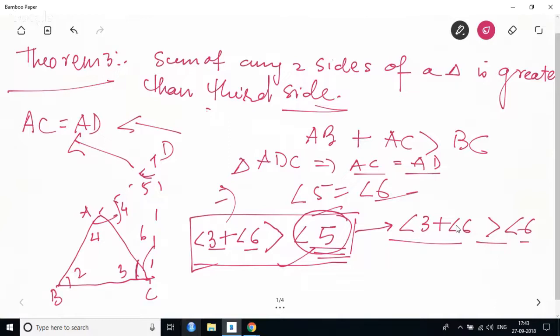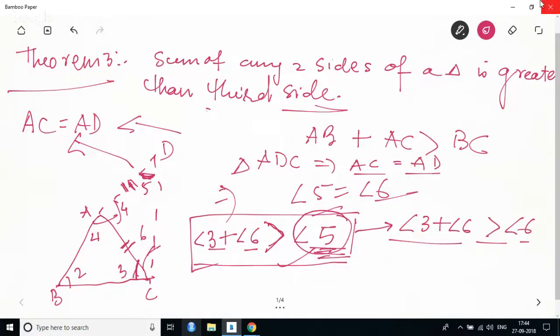How do I bring inequality? To bring inequality, I am just saying that this angle plus this angle is greater than this angle. So why am I going here? I am going here because I don't need side AD here. I need side AC here, and that is why I am going to angle 5 here.